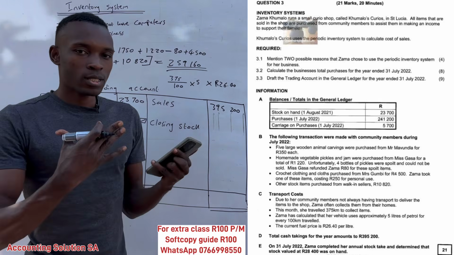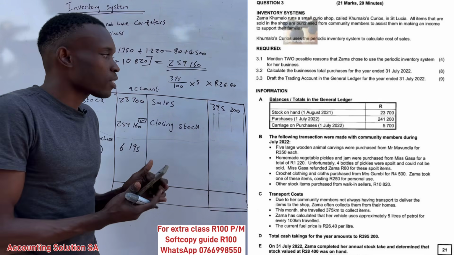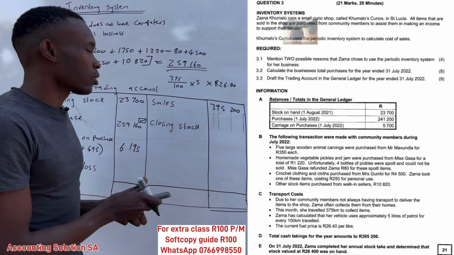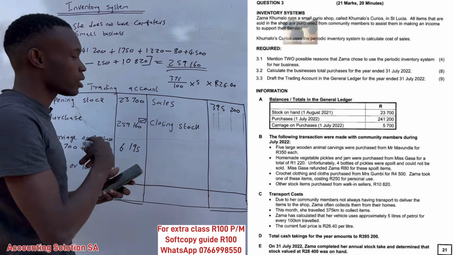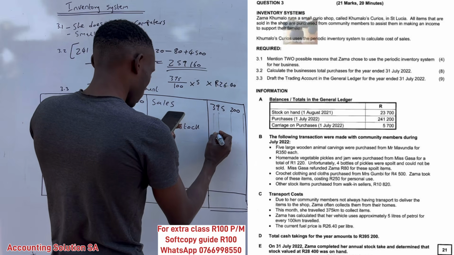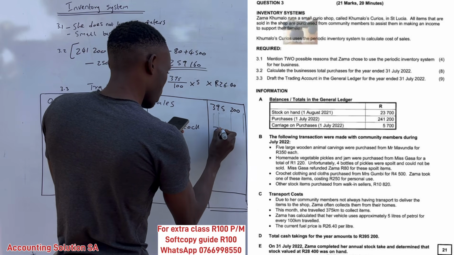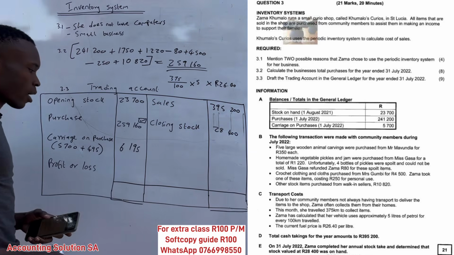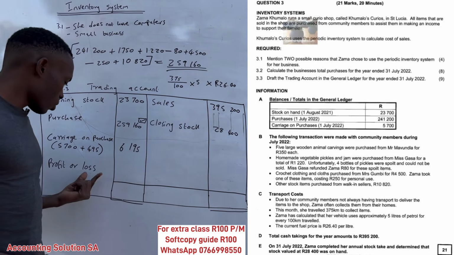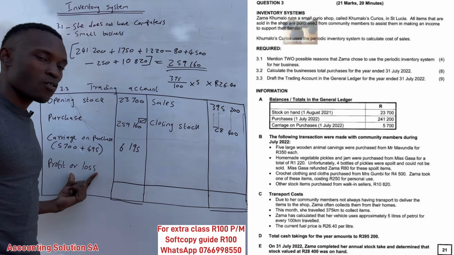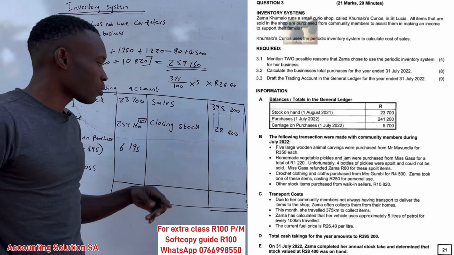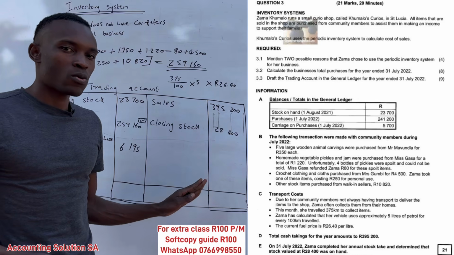You see, this is the last transaction, because she firstly counted by hand how many stock were left. She used her hand because it's periodic. Okay, then she found that the value is 28,400. Now we are going to calculate profit or loss as a balancing figure. Obviously, the higher side is this one. Okay, so this part is very simple. We are going to do it.